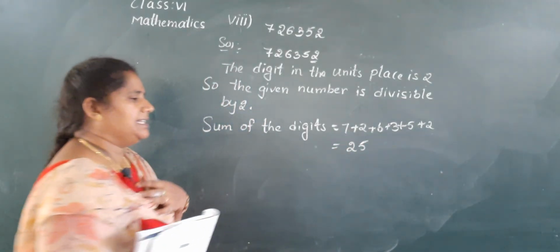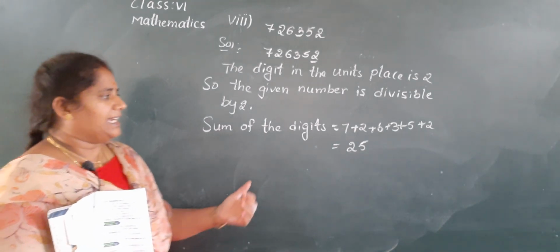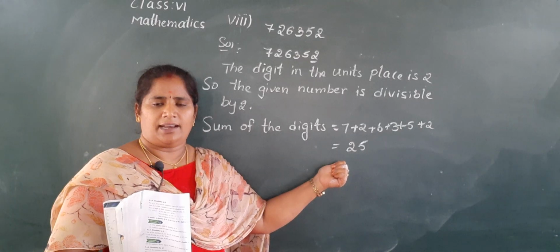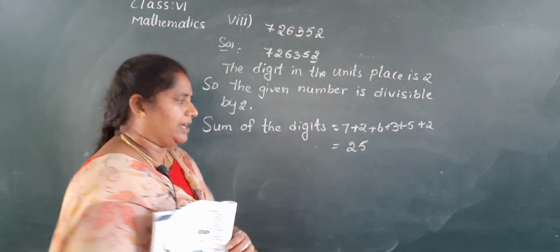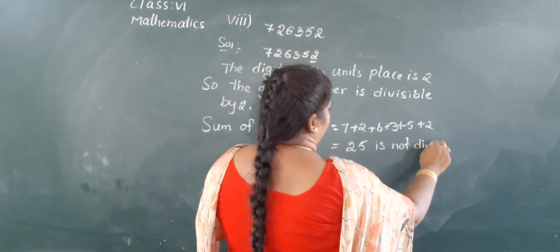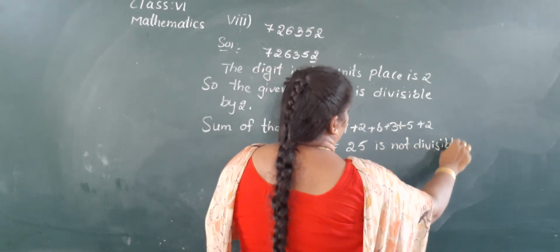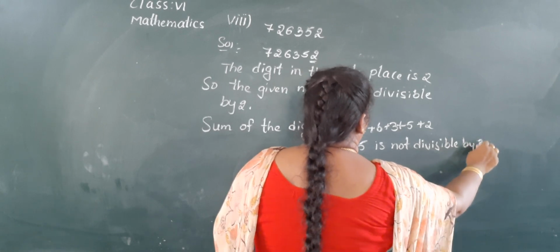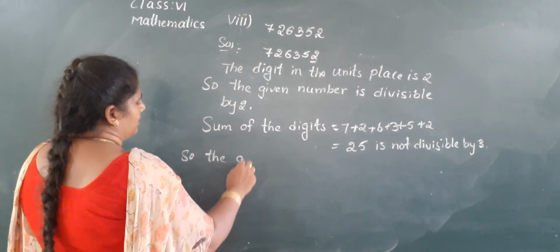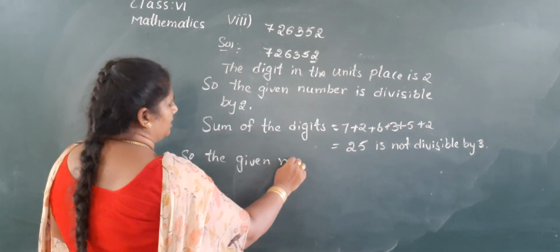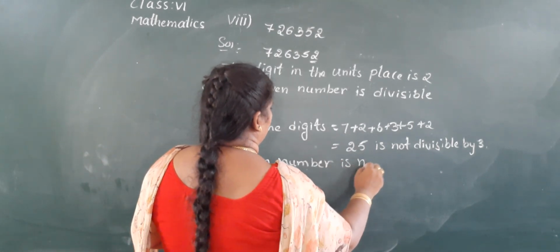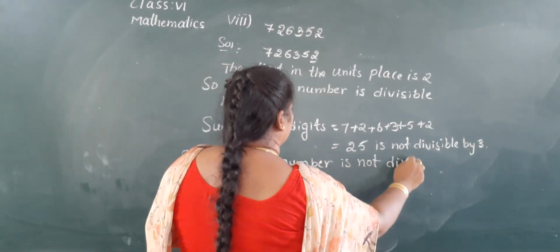So the sum is equal to 25. Come on, check it children. Is 25 divisible by 3, Nana? No, it's not divisible by 3. So we'll write 25 is not divisible by 3. So the given number is not divisible by 3.